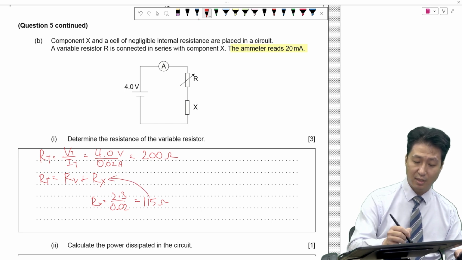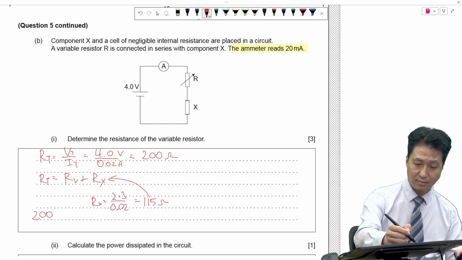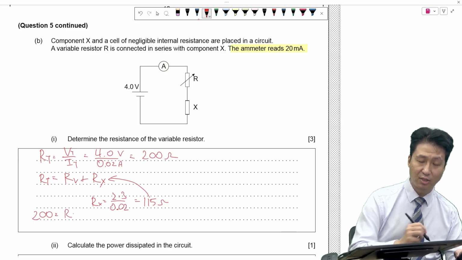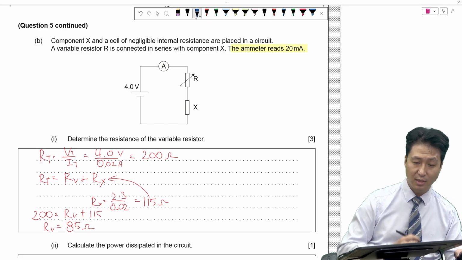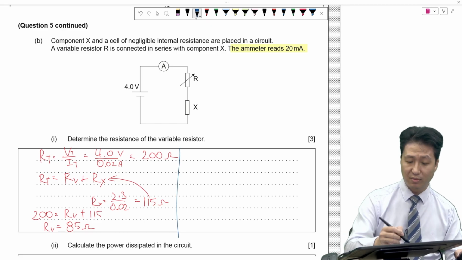Using this in here, the total resistance of 200 ohms is equal to the resistance of the variable resistor plus 115. The variable resistor should be 85 ohms. So this is one way to solve this problem.